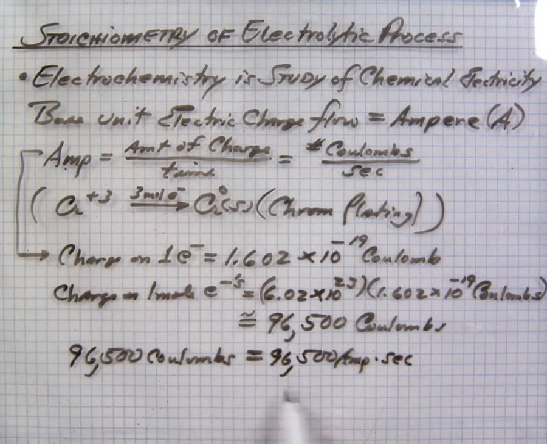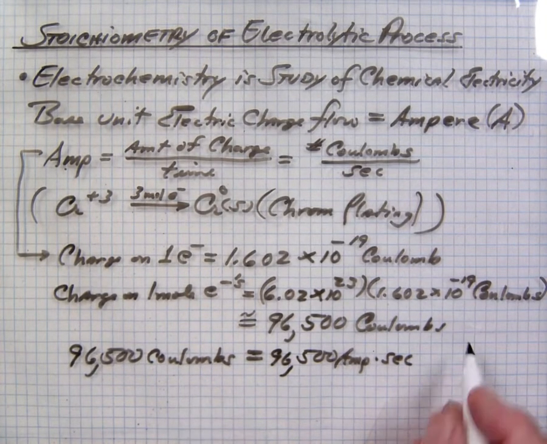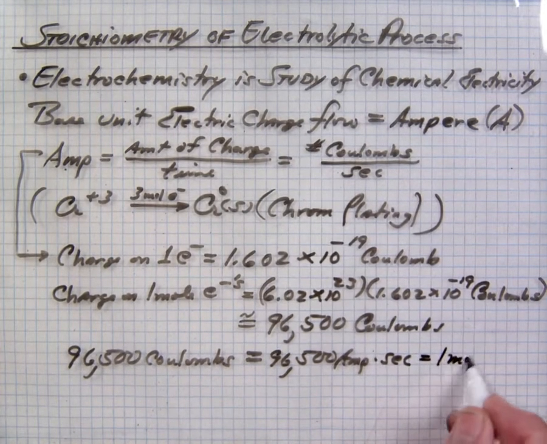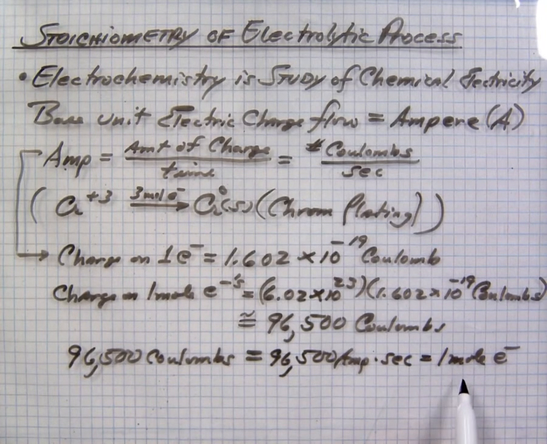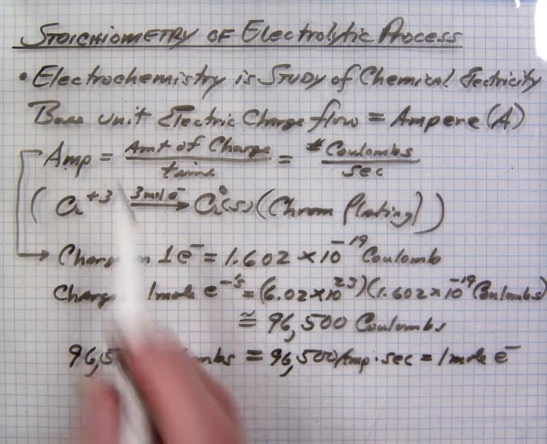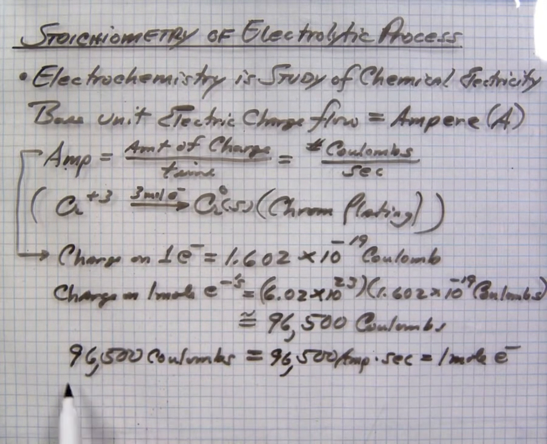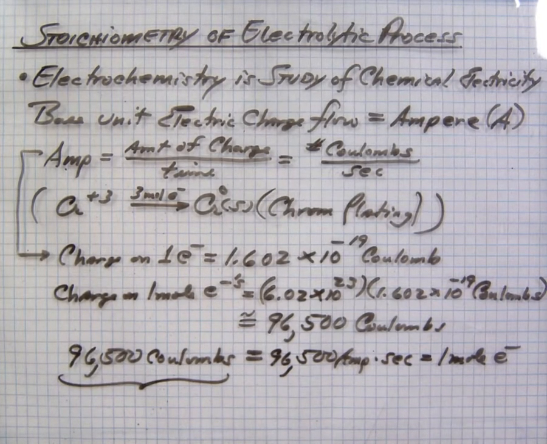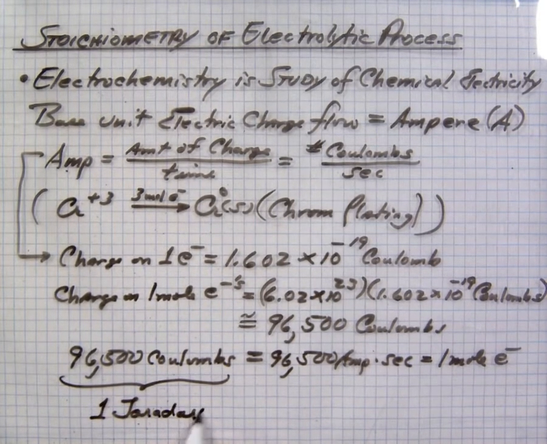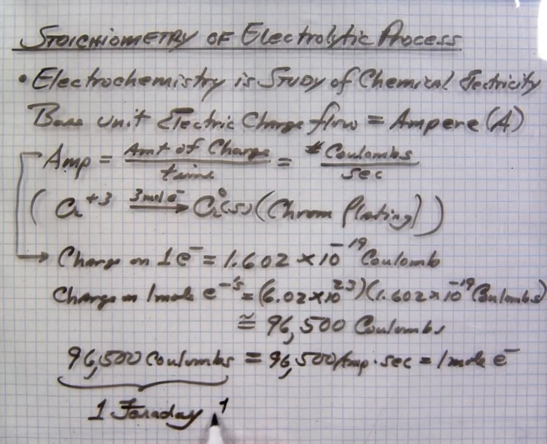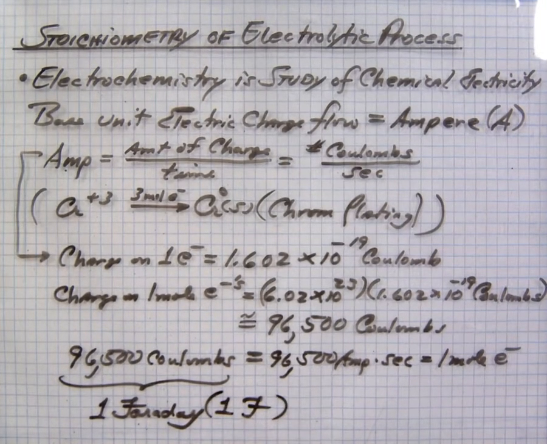However, 96,500 coulombs is the amount of charge associated with 1 mole of electrons. So it's now an equivalence factor here. We can use this in dimensional analysis of electrochemical processes. And it turns out that 96,500 coulombs, which is the amount of charge on 1 mole of electrons, is called 1 Faraday, or 1 capital F, like that.